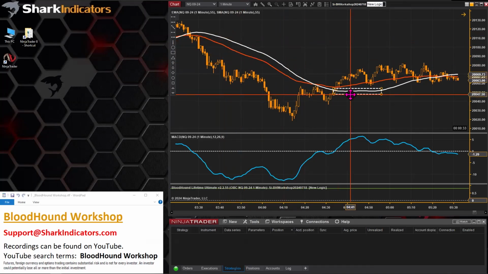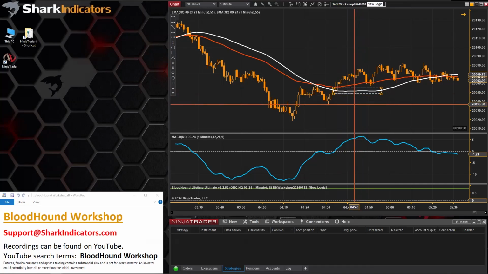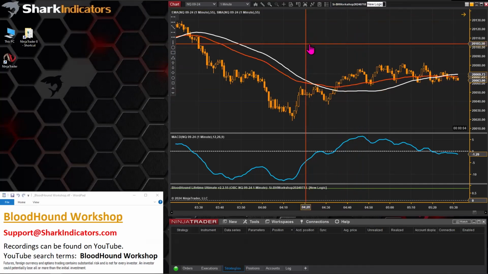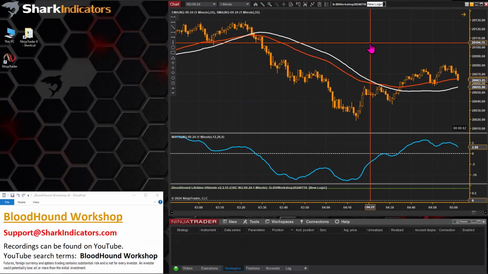The BloodHound version 2 interface for the slope solver and other solvers makes it a lot easier now to identify a flat trending indicator. You can dial it in to see if an indicator is flat, like this looks here. Okay, so that's the introduction to what we're going to cover, let's get into this.